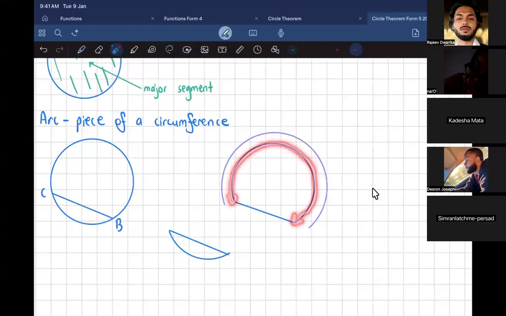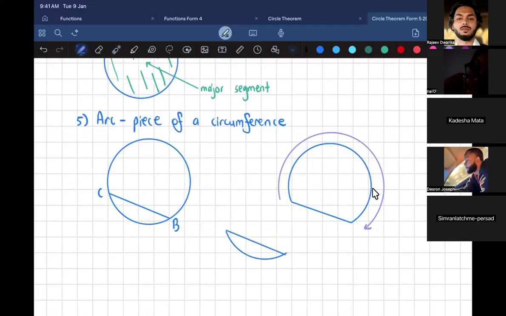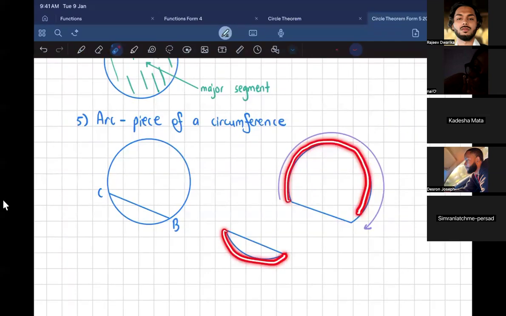Because it's a piece of the circumference, what am I going to call it? The arc? Yes. Now, because we cut the circle, wouldn't it have two arcs? So we have this arc, we have this arc. Which arc looking bigger?